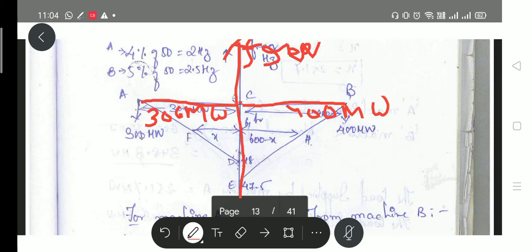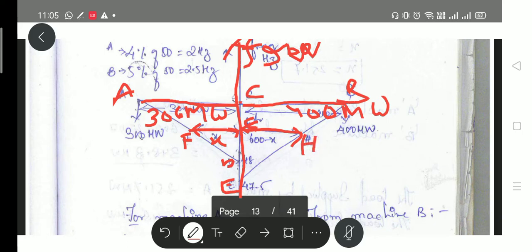Here A to C, whatever load is shared, I am taking as X, and B to C is 600 minus X. These points are A, this is C, this is B. After that, this point is E, this point is D, this point is F, this point is G and this point is H.